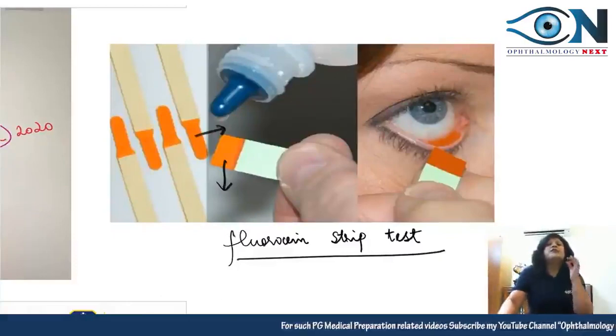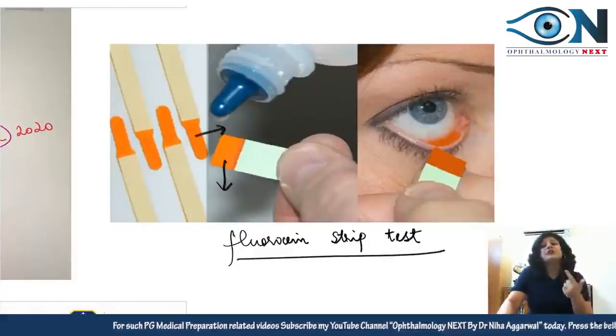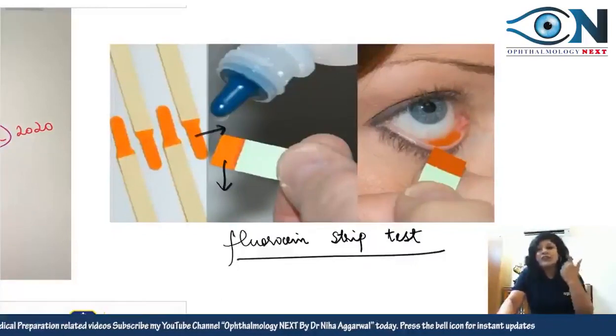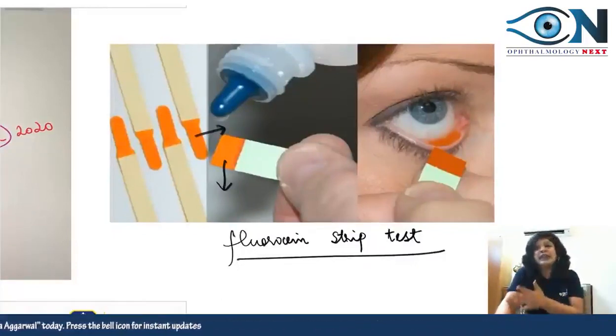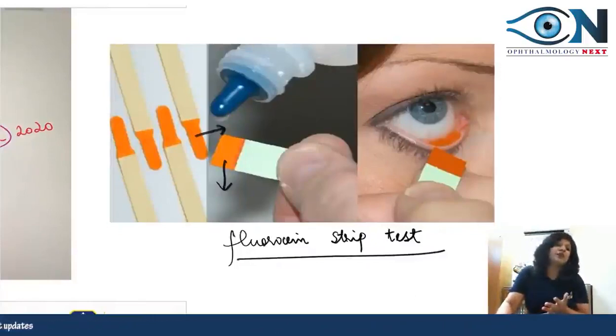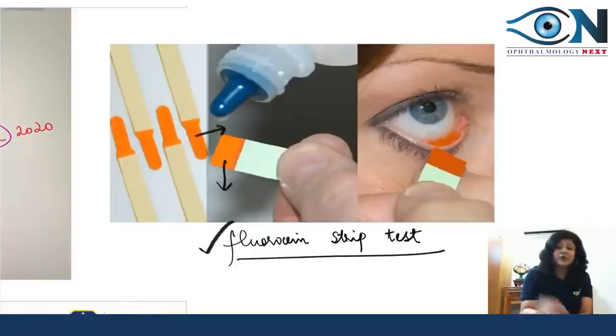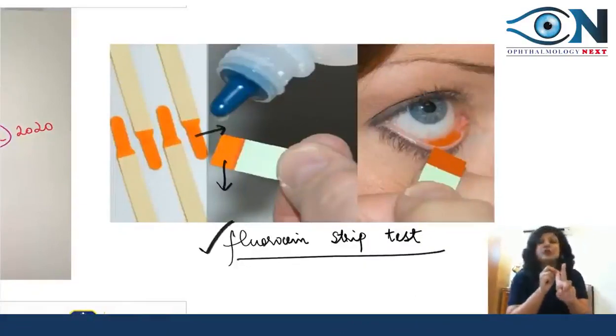So what it will do, it will stain the cornea. Whatever ulcer, that is the discontinuity in the surface of the cornea, that will get stained. So the name of this test is the fluorescein strip test. The name of the stain is fluorescein.